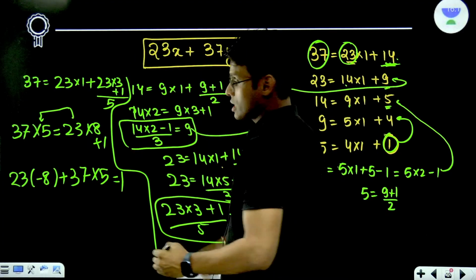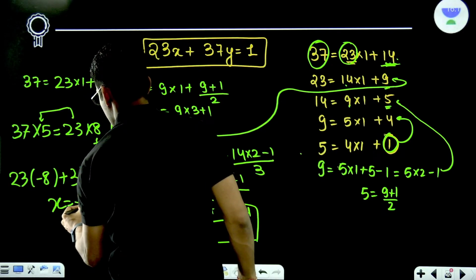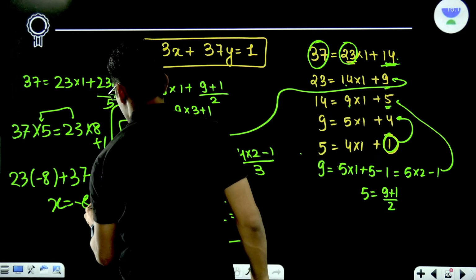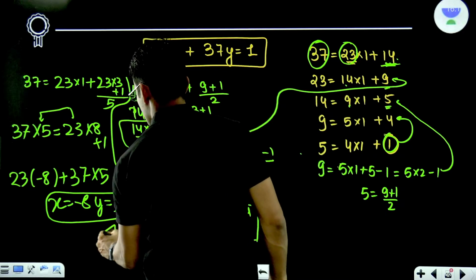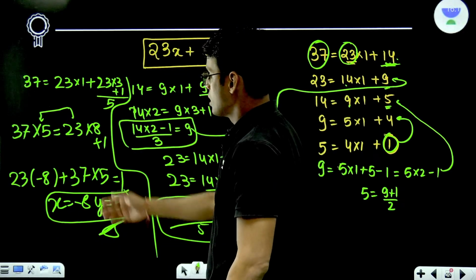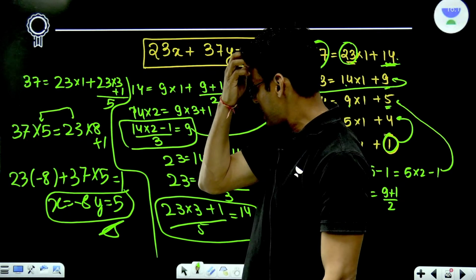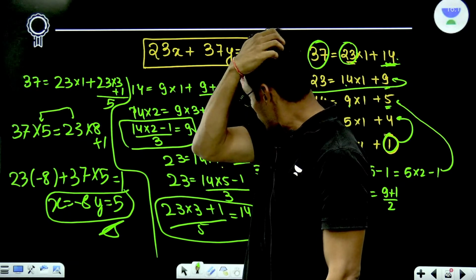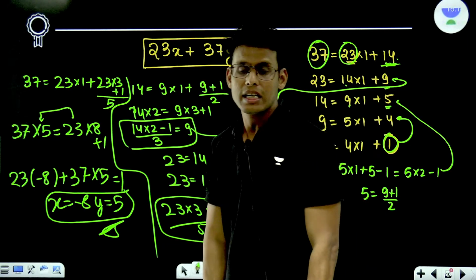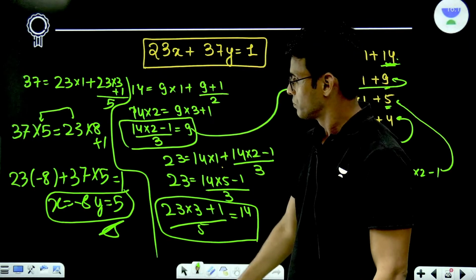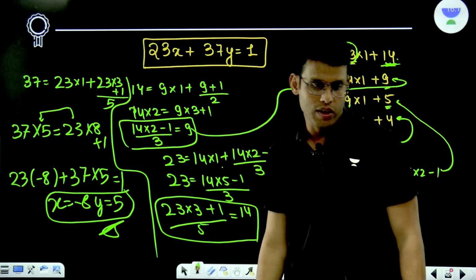Pairing this equation with this, x equals minus 8, y equals 5. Just to confirm, what is 37 times 5? 37 times 5 is 185. 23 times 8 is 184. That's it. x equals minus 8, y equals 5.